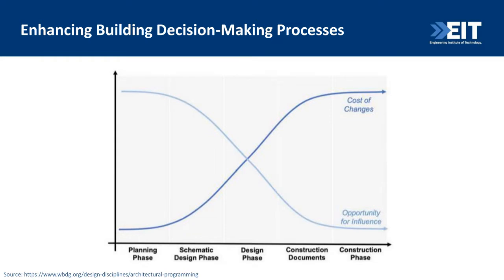So in this graph, we can see on the x-axis the construction project stages. So planning phase, schematic design phase, construction documents, and construction phase. And we have two curves here being represented in this graph: the cost of change and the opportunity for influence in the building project.